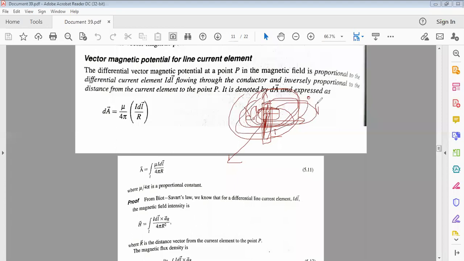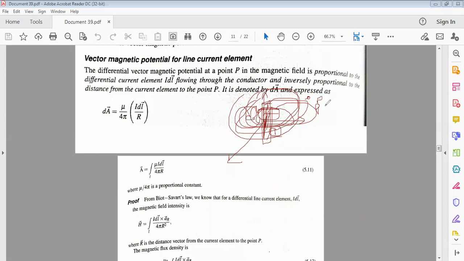Let us consider this is a point P. Because of this current passing through, how much current passes through this differential element is IDL, right? At this point P, some magnetic field exists, or some vector magnetic potential exists, right?